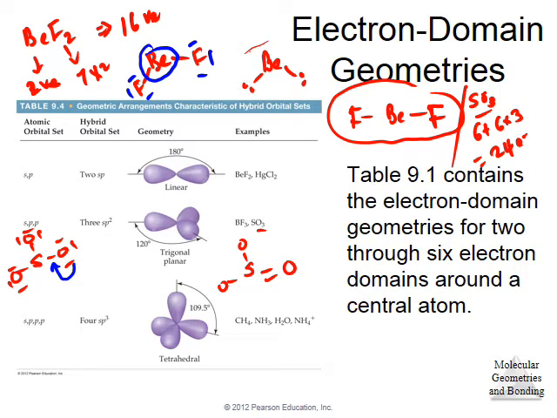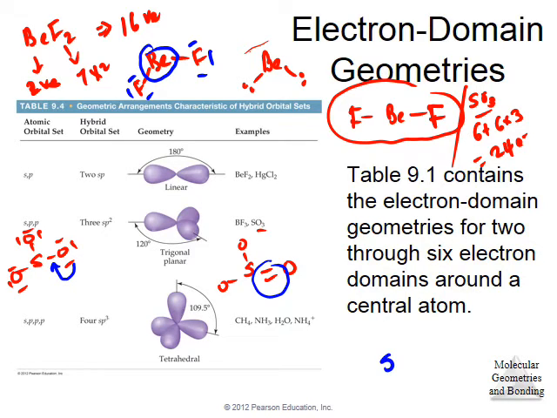Now let's try to find out what kind of geometry or shape you would have. Now, a double bond would act as a single electron domain. So basically you'd be counting as if there are 3 electron domains around sulfur, and 3 domains would give you this kind of shape.